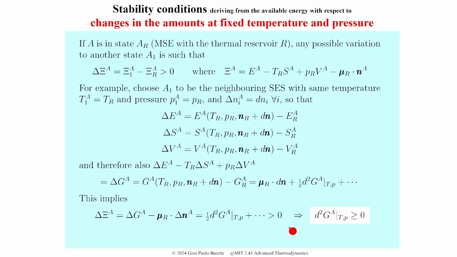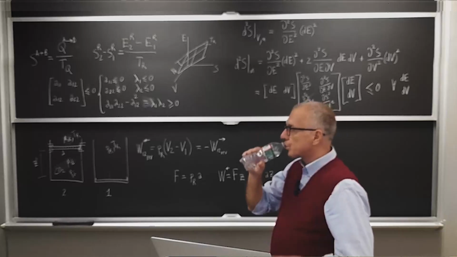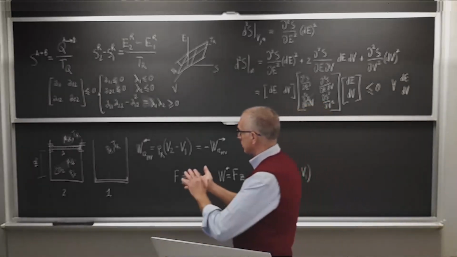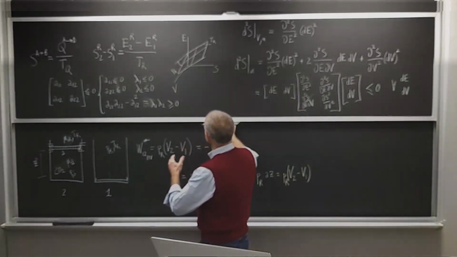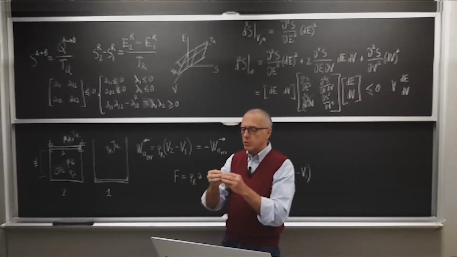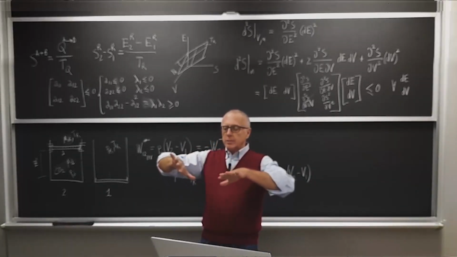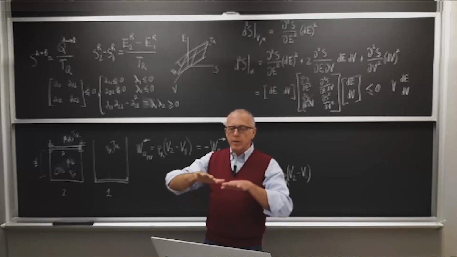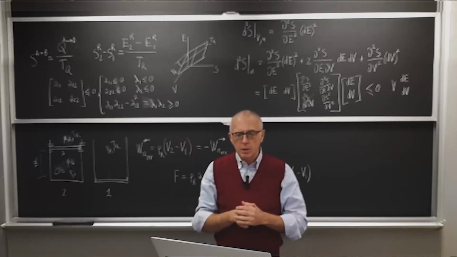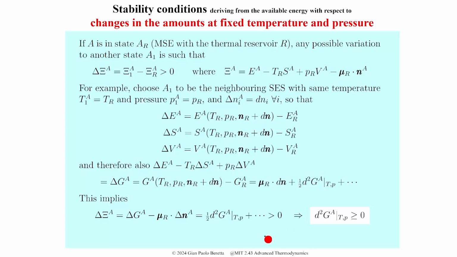But you can also choose, since now you think that you are in the mutual equilibrium state, you can move your state in various directions. And one way is that you choose another state that still has the same temperature and pressure of your reservoir, but you change the amounts.